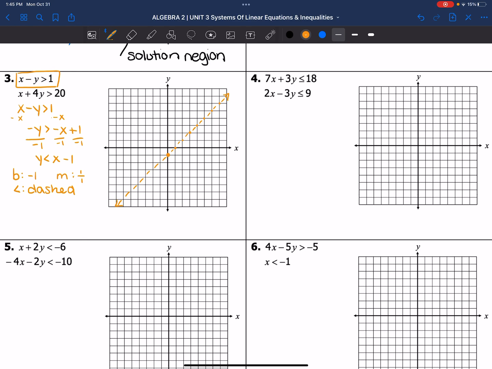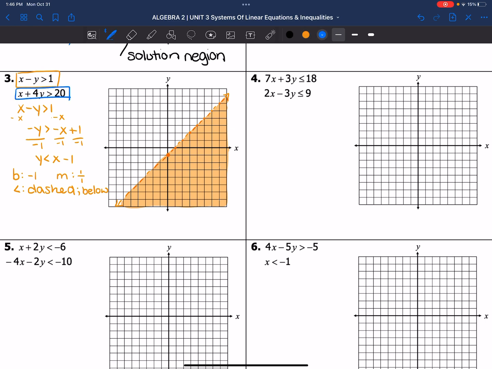And because it is a less than symbol, we're going to shade below. So we'll shade here in the region below. One inequality has graphed. Now let's try the other.